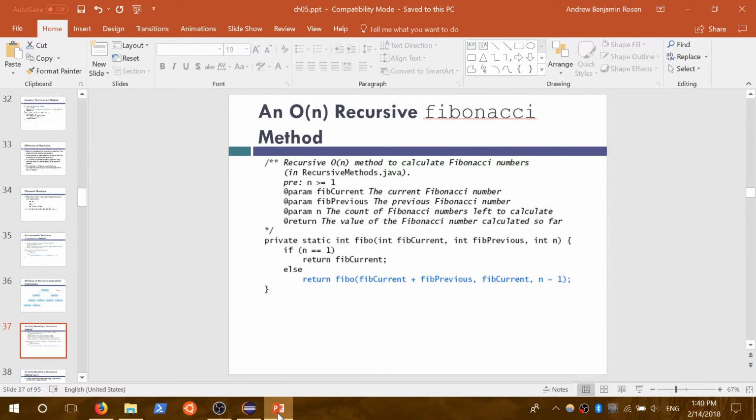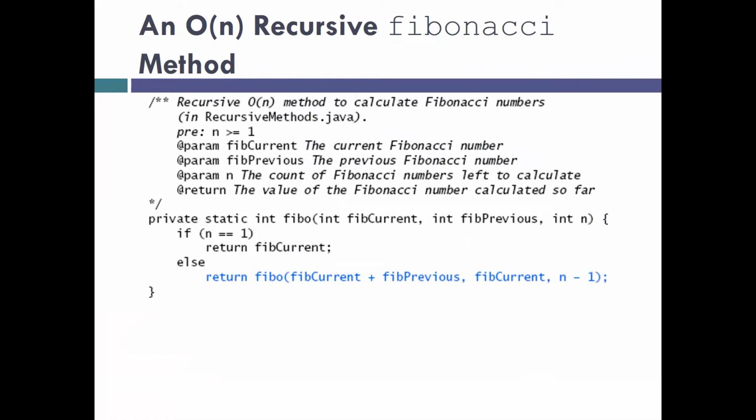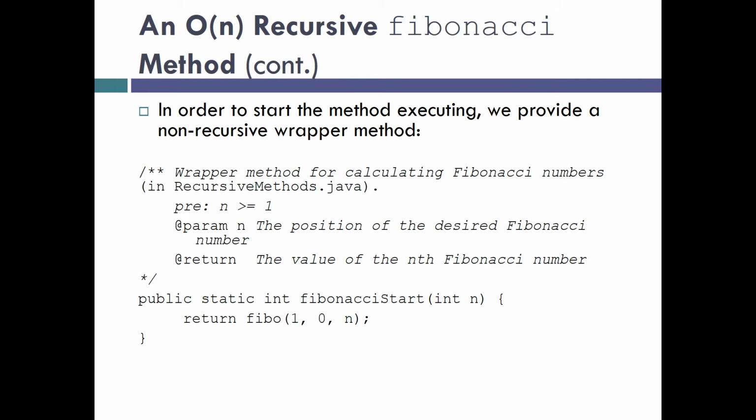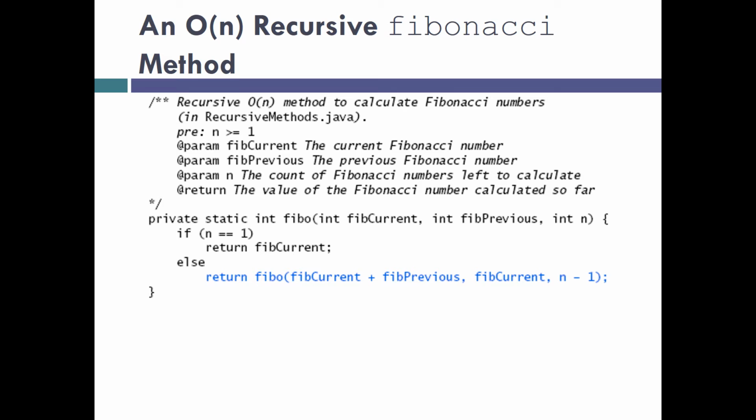So one thing we can do is something called tail recursion. And the idea here is that we have this method that basically has the current Fibonacci number, the previous Fibonacci number, and then where we are in there. That's all the information you need to calculate it.